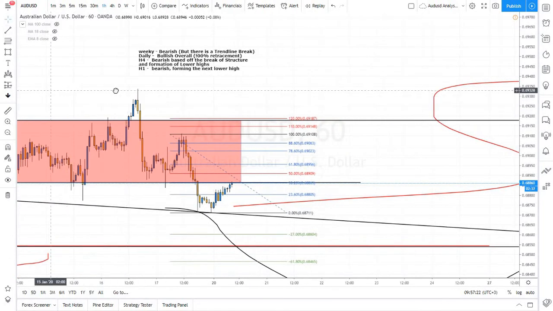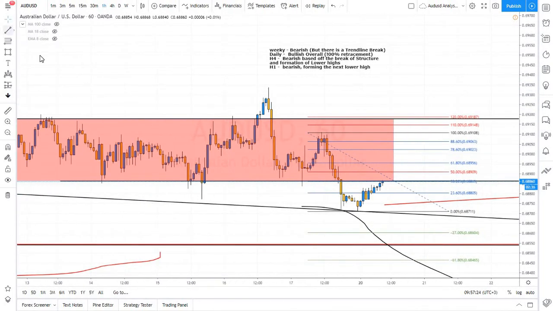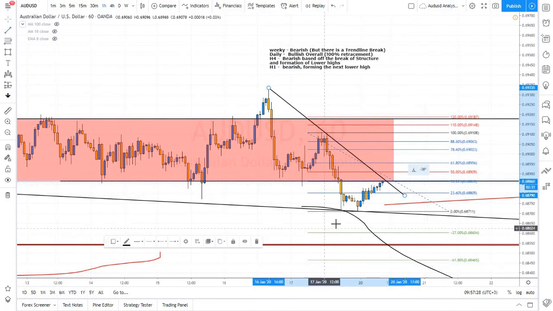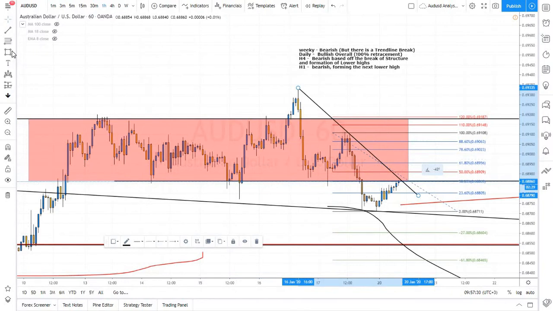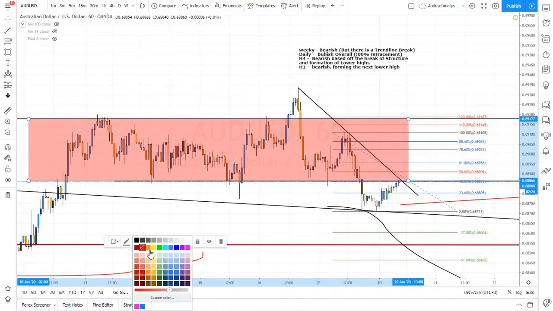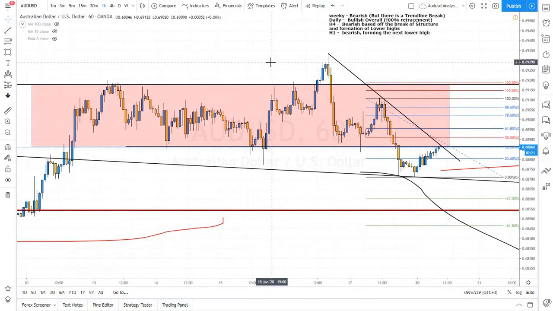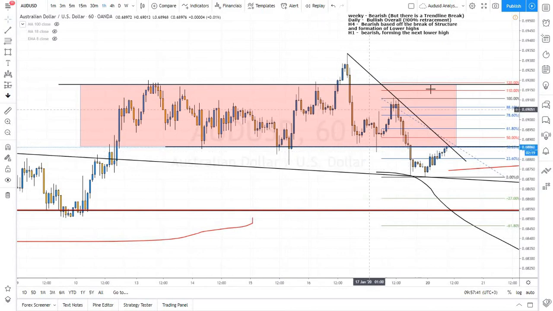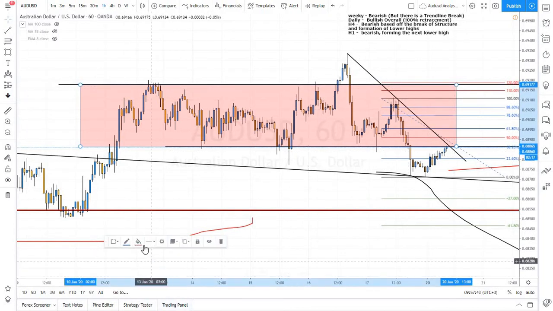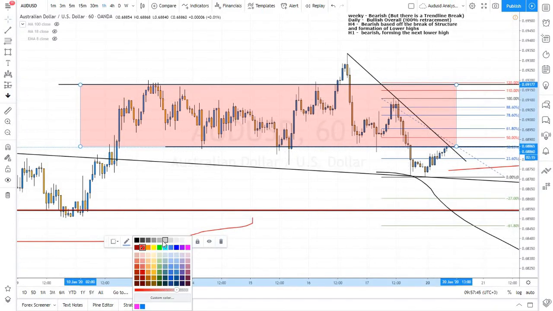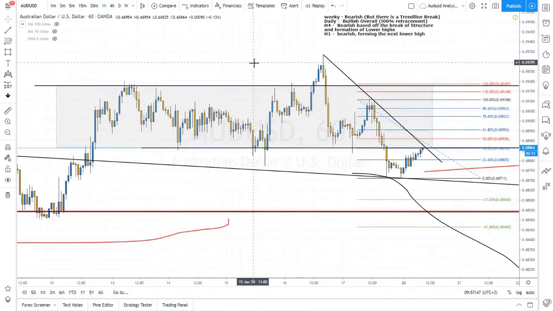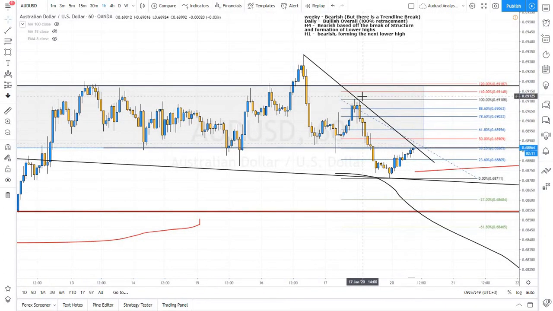There's one more thing technically that you can find. This is a trendline opportunity. There is some confluence here. First, second, third touch.